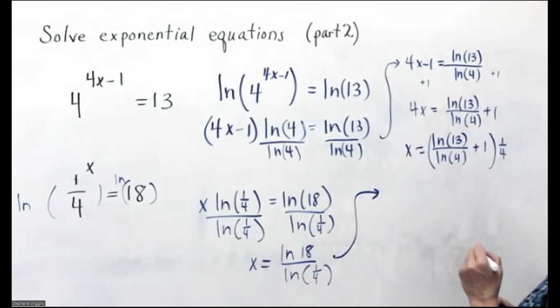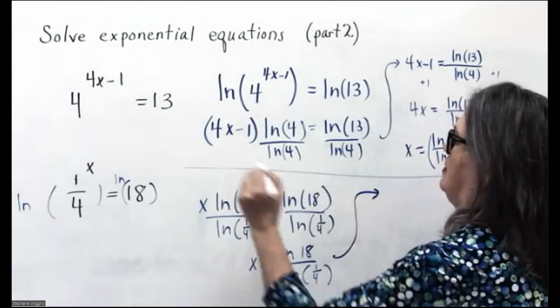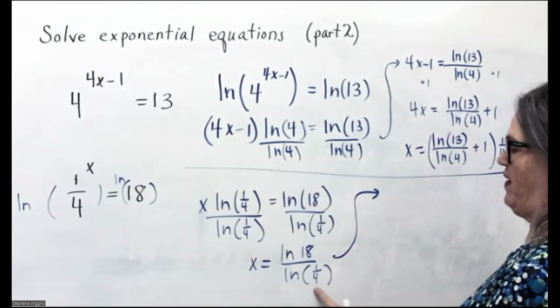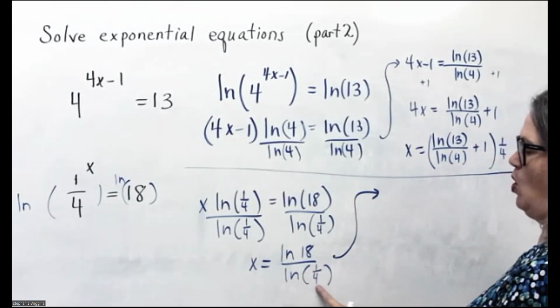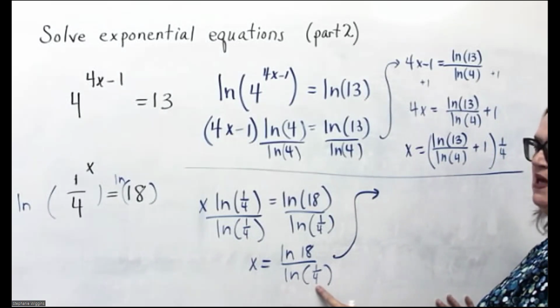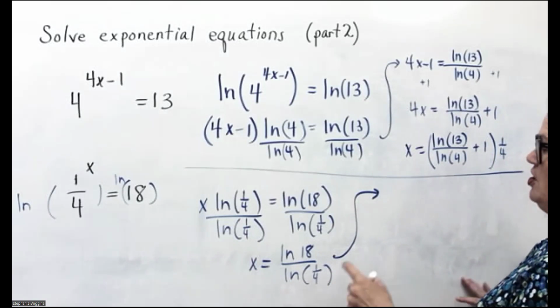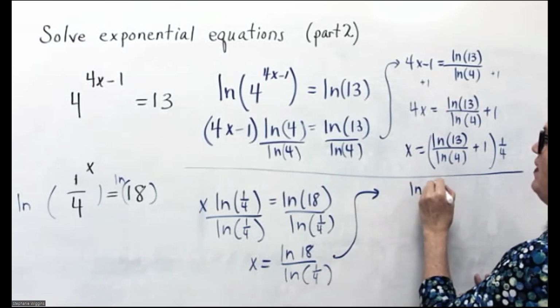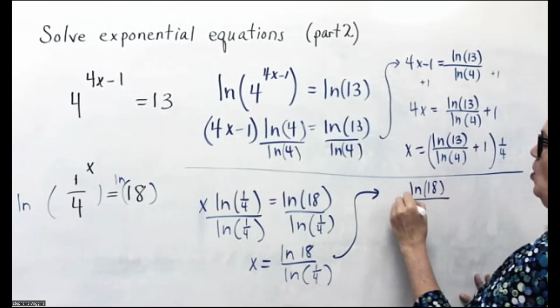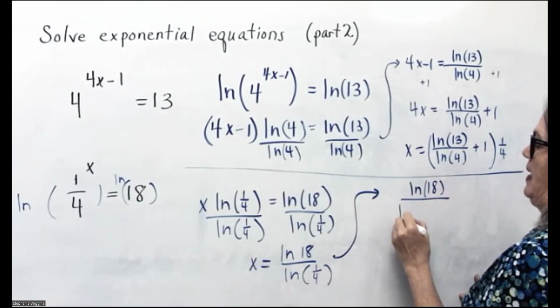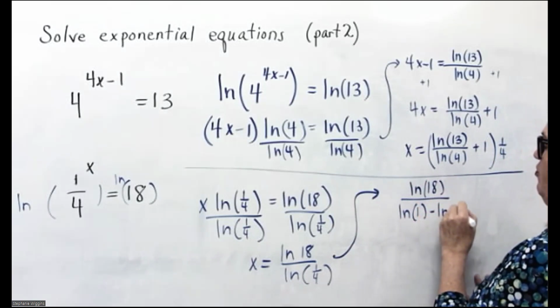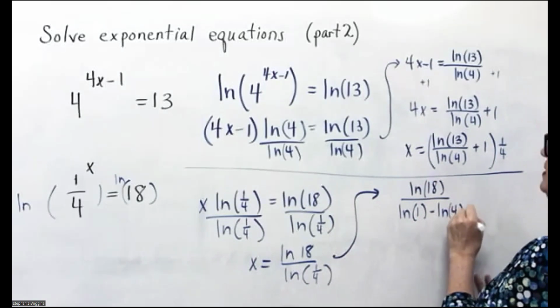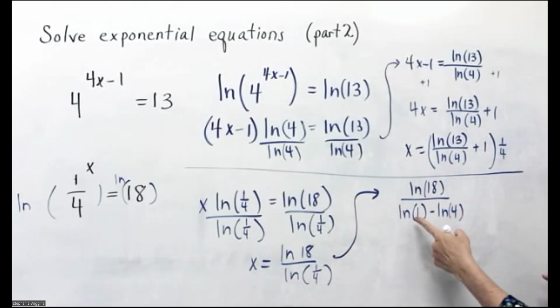It doesn't look quite the way their choices are, so let me simplify this. Here we have the log of a quotient, and so that's going to be the difference of the logs. So this becomes the natural log of 18 over the natural log of 1 minus the natural log of 4. But what is the natural log of 1? It's 0. Log of 1 is always 0.